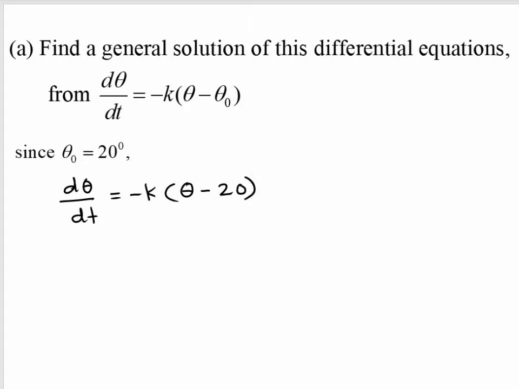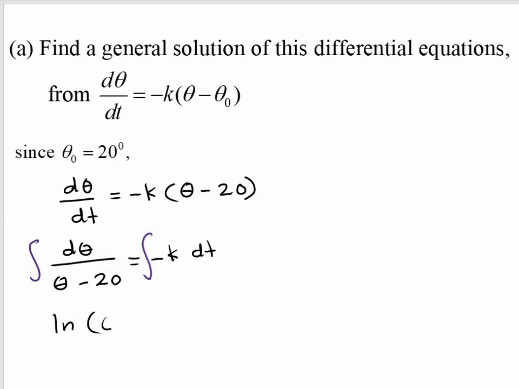So now I'm going to separate the variables. So we have d theta over (theta minus 20) equals negative k dt. And then as usual, I am going to integrate both sides. So integrating 1 over (theta minus 20), we get ln of (theta minus 20).